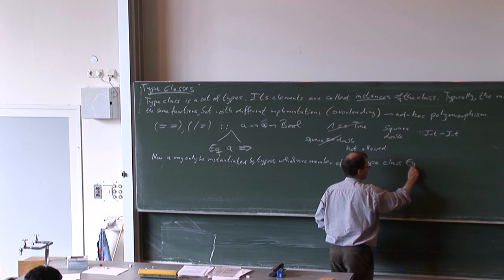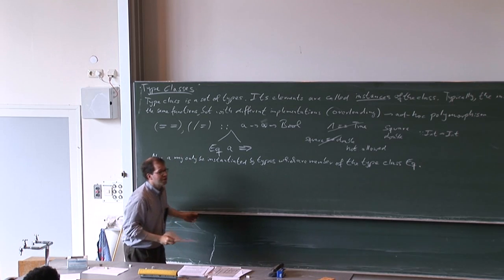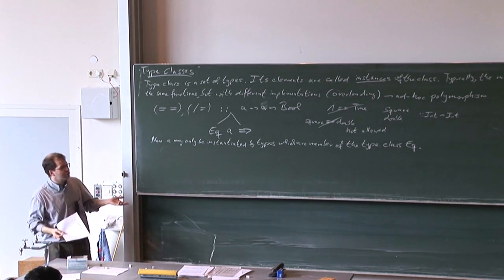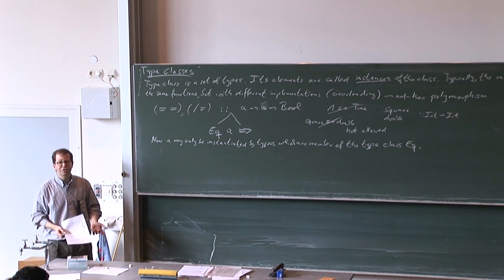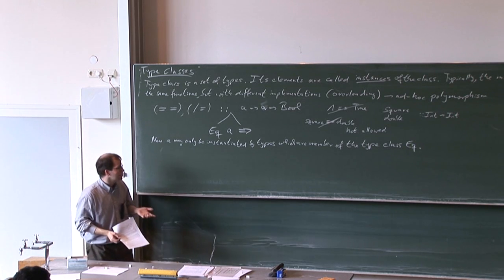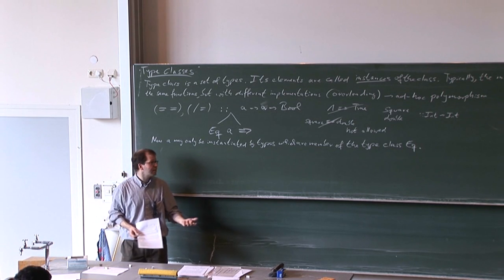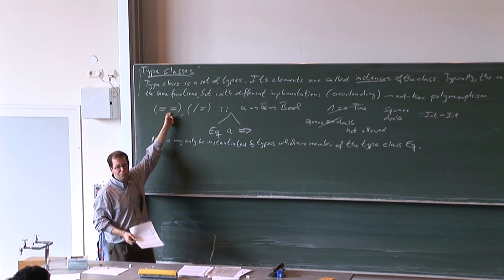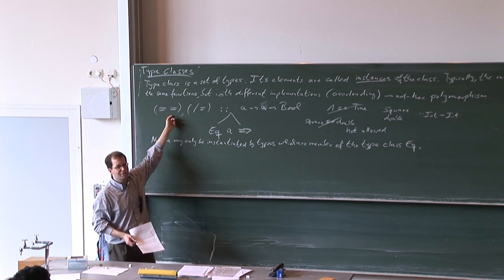This type class EQ is predefined, but as you might imagine, you can define type classes yourself. And moreover, when you write a new data type, like nuts or list, you can also add it to existing type classes. So you can say, my new data type nuts should also be a member of the type class EQ. And if you say that, then you are allowed to write equality sign between the objects of your user-defined data structure. If you don't do this, then you're not allowed to write equality sign.